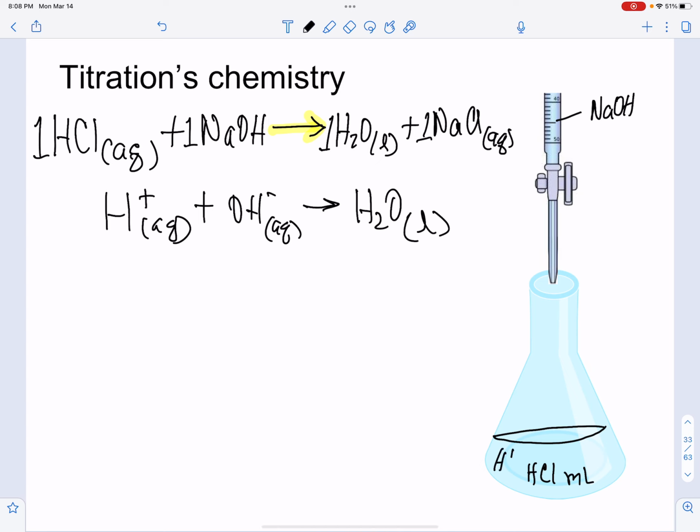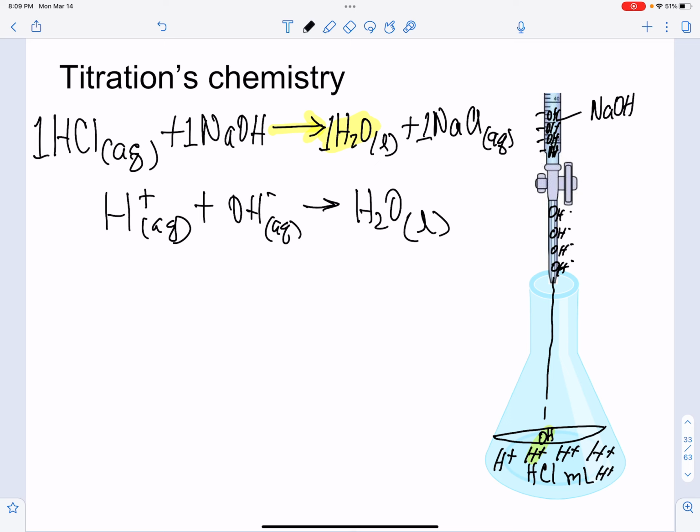So when you're doing the titration, what you're doing is titrating the protons from the acid with the hydroxide. As soon as you put the first hydroxide in there, it combines with the acid to produce water.